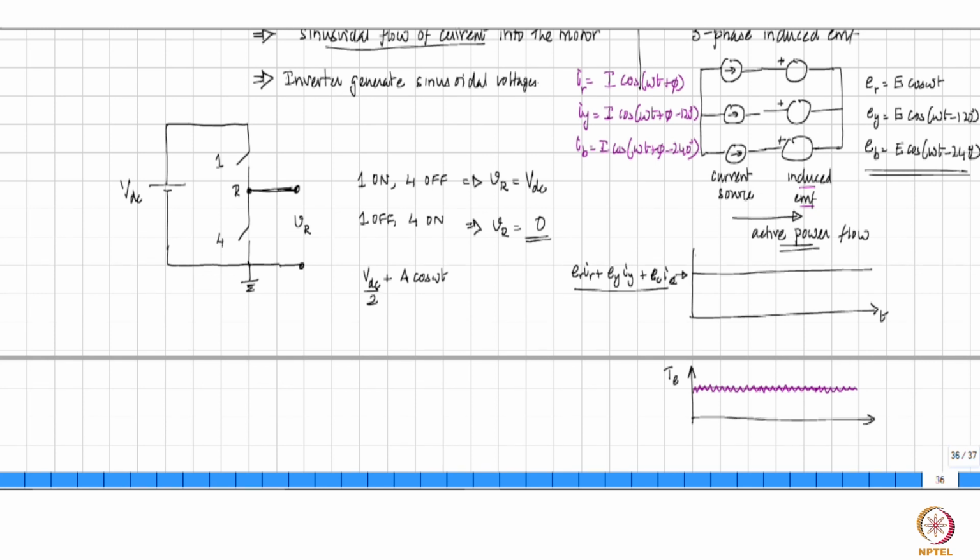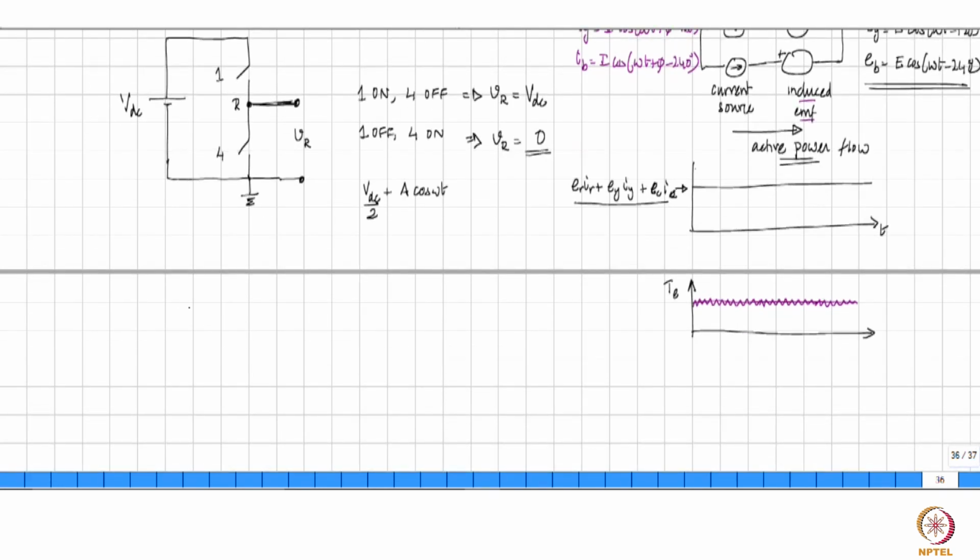We have seen in the earlier lectures that if you are going to generate a waveform, some V naught with respect to time, which looks like this, and so on, this contains an average value which can be realized as, you take the average of this and that is going to be the average.